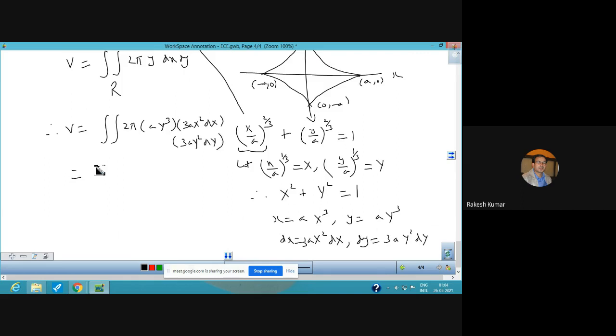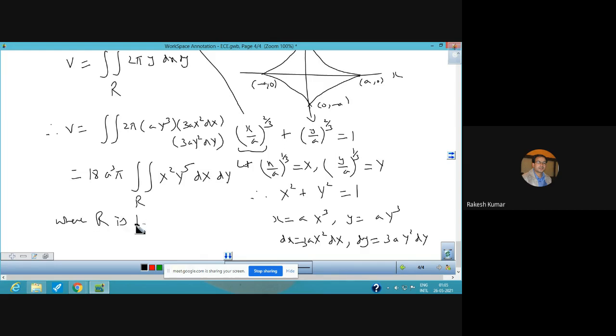And your resultant expression is 18 a cube pi can be taken out, and inside we shall have x square y raised to power 5 dx dy over R. What is R?